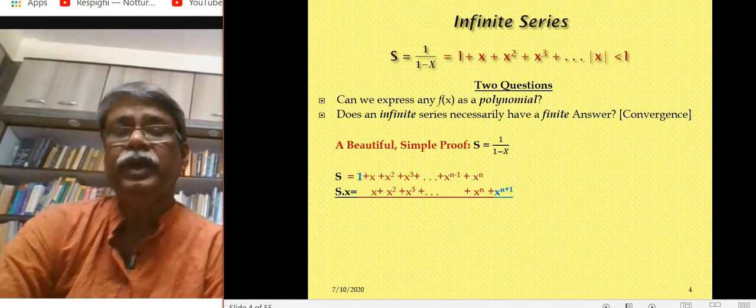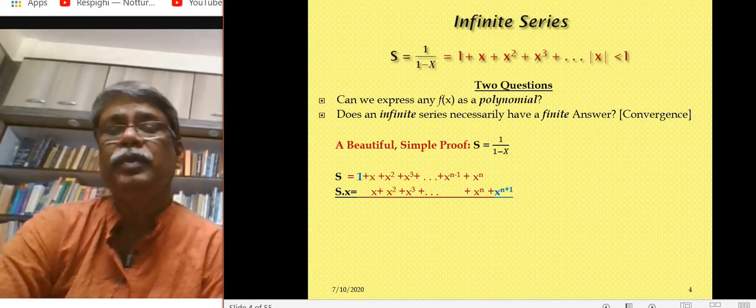So the left hand side is s into x, and the right hand side, 1 into x is x, x into x is x square, x square into x is x cube, and so on, and finally x to the n into x is x to the power n plus 1. So you see the color difference: this 1 and this x to the power n plus 1 are in different colors, and the rest of the terms are in the same color, red.